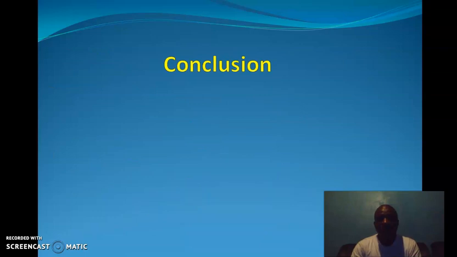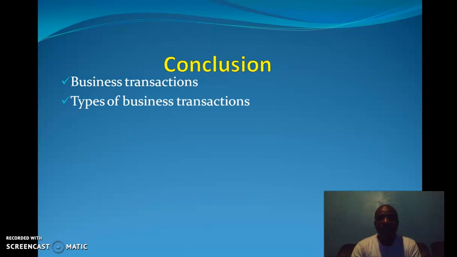Let's see what we have in conclusion. In conclusion, we've looked at business transactions. And in business transactions, we've also said that there are types of business transactions which include the following.